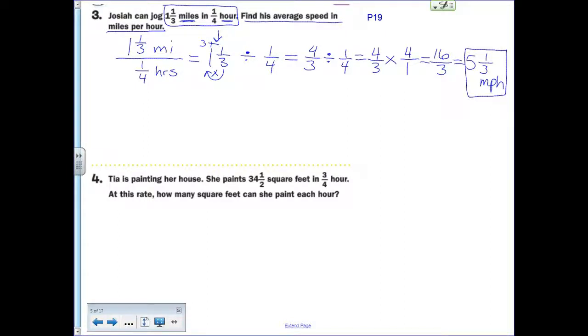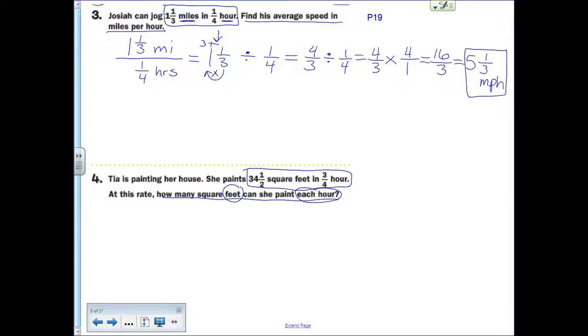Look at example 4. It says, Tia's painting her house. She paints 34.5 square feet in 3/4 of an hour. And it says, at this rate, how many square feet can she paint in an hour? So we're looking for feet per hour.